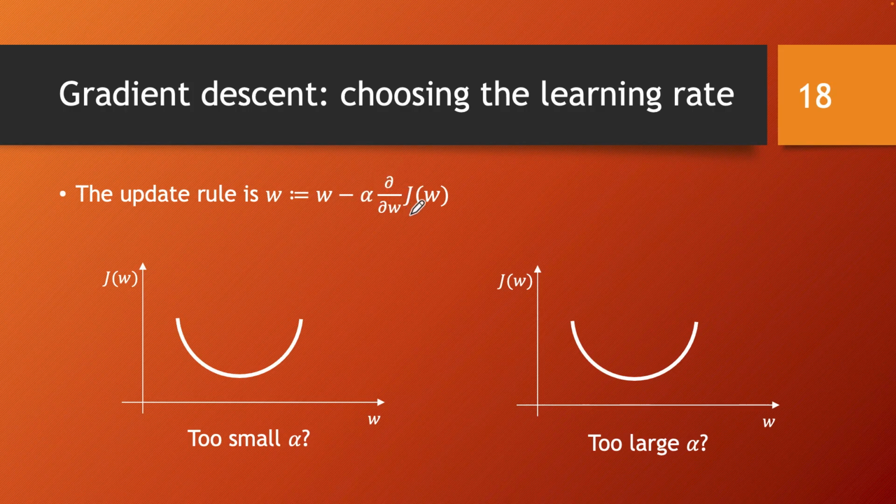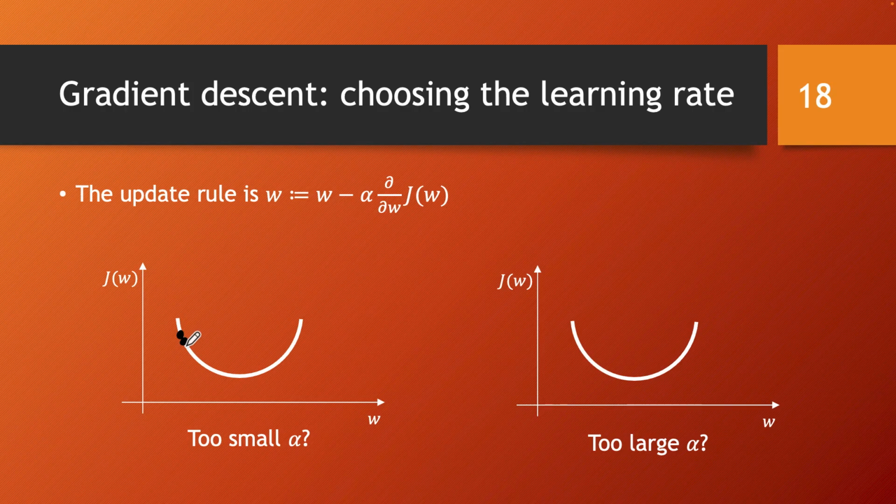The partial derivative is what it is, but the amount by which you are updating your parameter is going to depend on how much alpha is. If alpha is too small and you are starting, say, from here, then you are going to have a very, very small update in w.